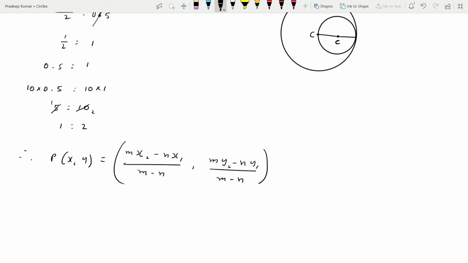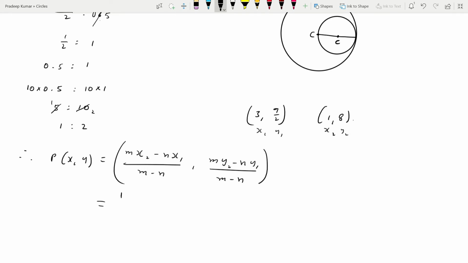So we'll substitute all of the values which we got. The m and n values are 1:2, whereas x1, x2, y1, y2 are the circle centers. The first one, 3, 9/2, is one of the centers, and the other one is 1, 8. Here we're taking this as x2, y2, and this as x1, y1, and we'll substitute and solve it.